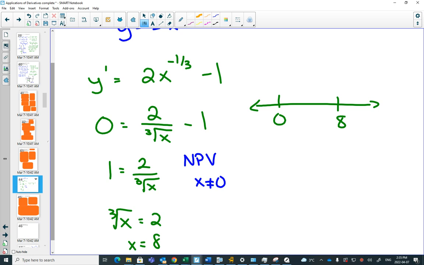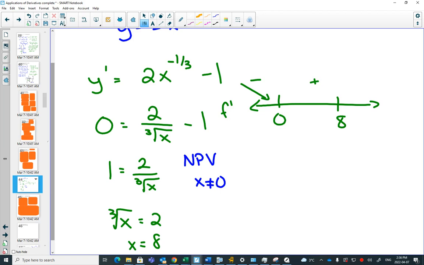So what happens? We plug in something less than 0, a negative number, like negative 8. The cube root of negative 8 is negative 2. You can do cube roots of negatives. That's okay. And you get negative 1 minus 1, which is negative 2. This section is negative. Means your function is decreasing before 0. Plug in something between 0 and 8, for example, 1. This will be 2 minus 1.